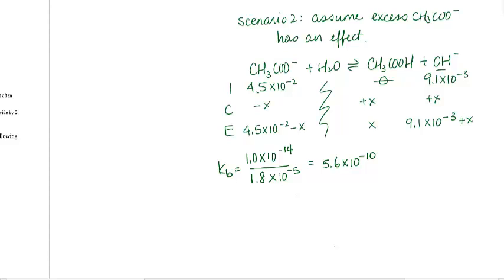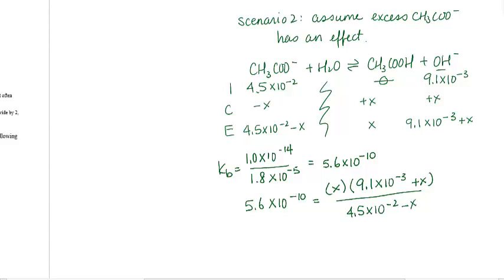So as we calculate the expression, we have 5.6 times 10 to the minus 10 is equal to x times 9.1 times 10 to the minus 3 plus x, all over 4.5 times 10 to the minus 2 minus x.